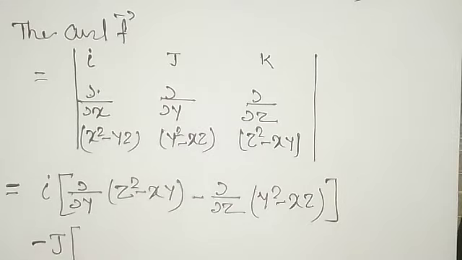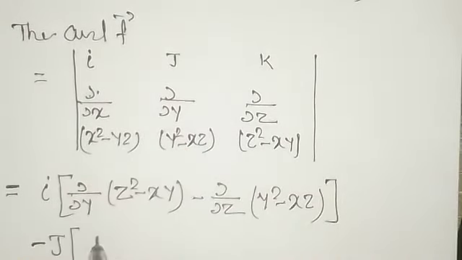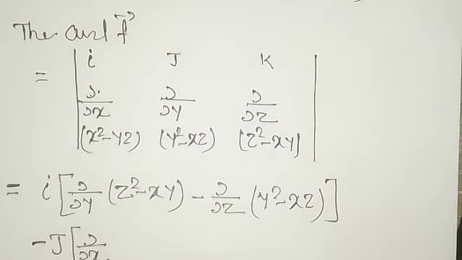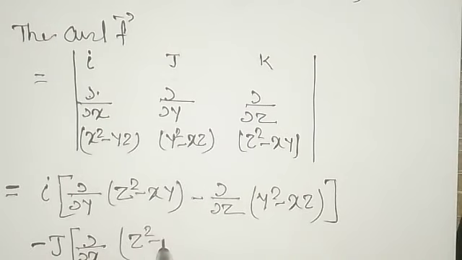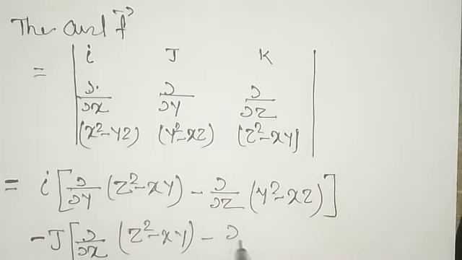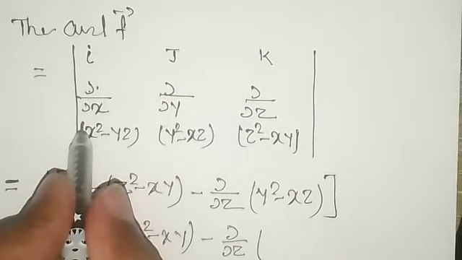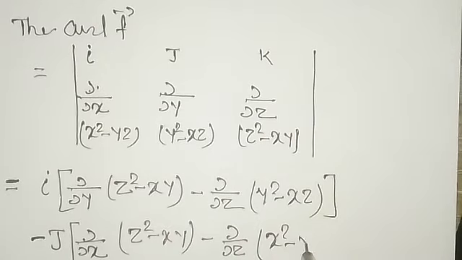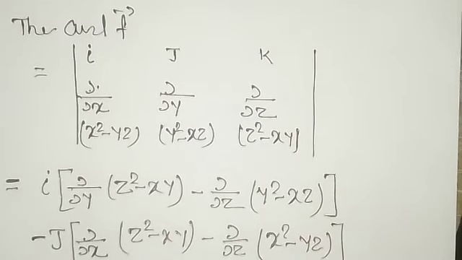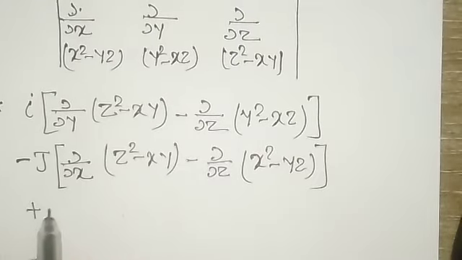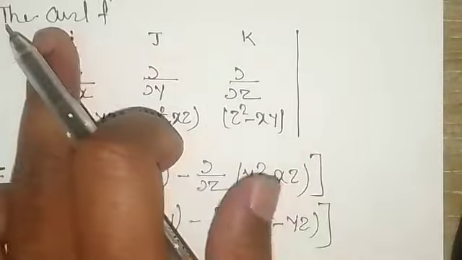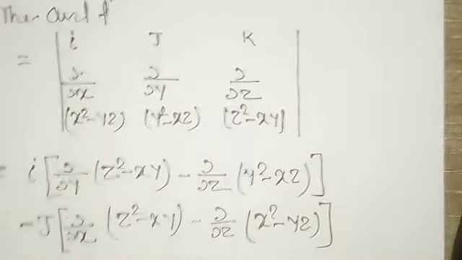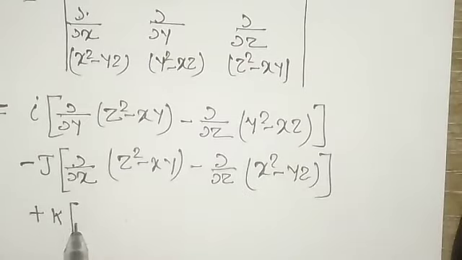Minus j into ∂/∂x of (z² − xy) minus ∂/∂z of (x² − yz). Continuing, plus k, we hide this row and column, so this into this. As you know how to find the determinant.